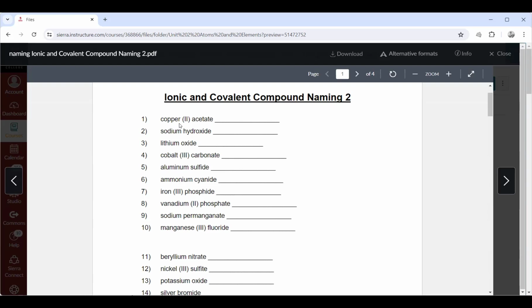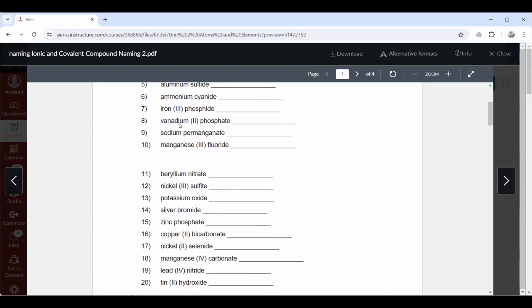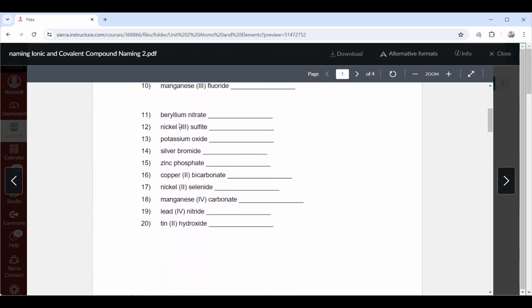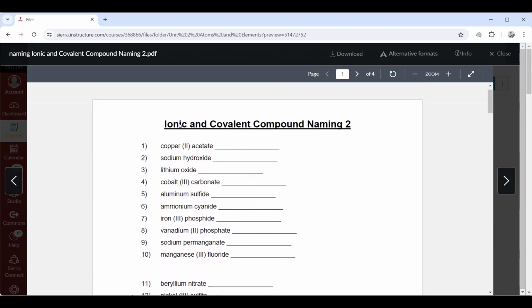Ionic. That's just the name of the anion. And it's organic acids. It's acid.